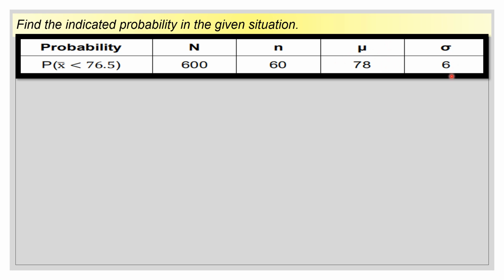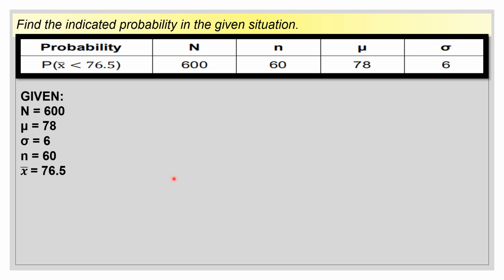So let us find the probability that x bar is less than 76.5. First, we write the given. Our given are capital N, or the population, 600, mu equals 78, sigma, or the standard deviation, is 6, our sample is 60, and x bar is 76.5.